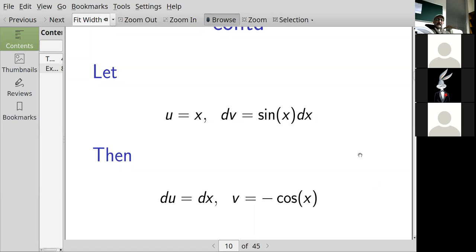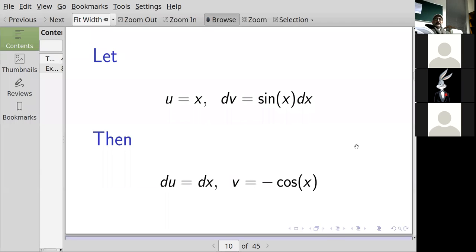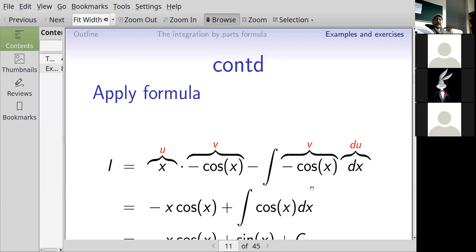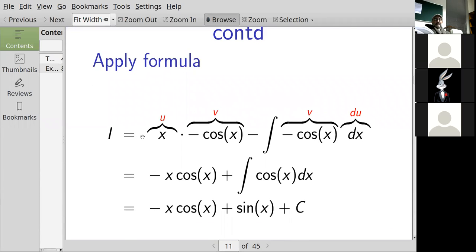All right, so now I have all the pieces that I need for my integration by parts formula. So I is equal to uv minus integral v du.